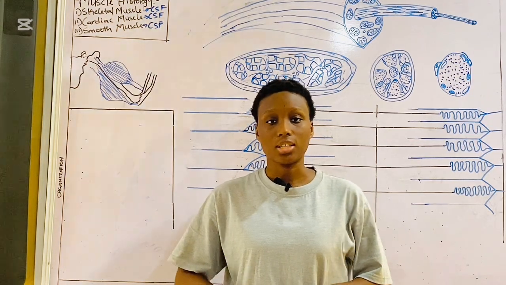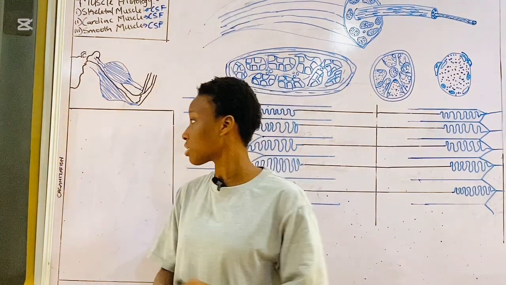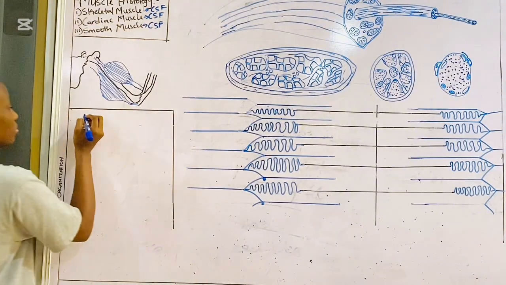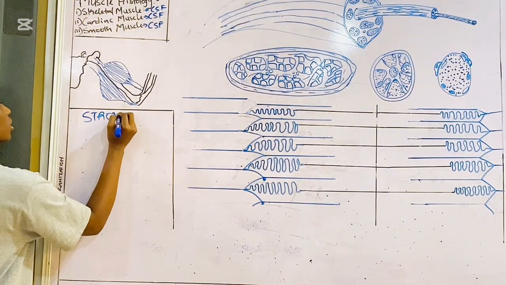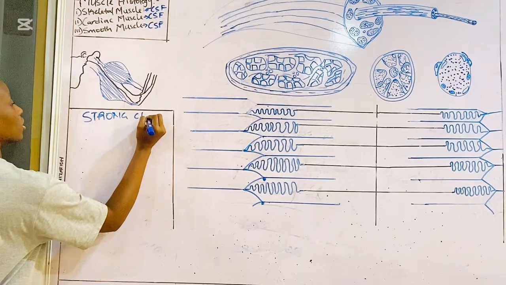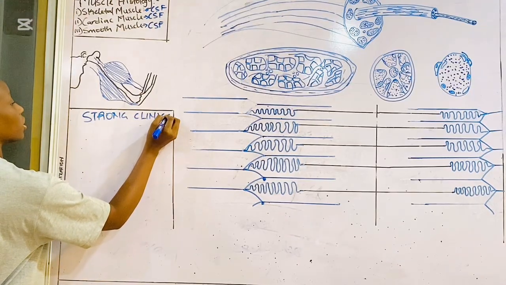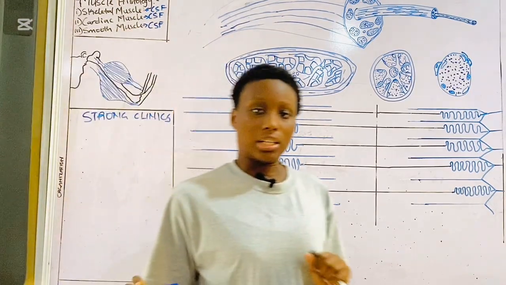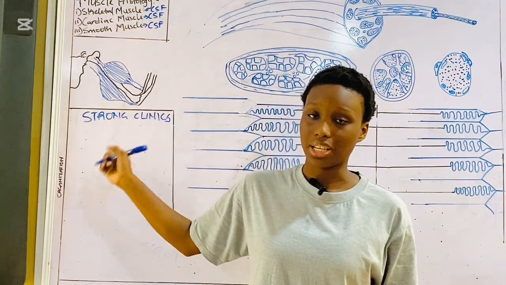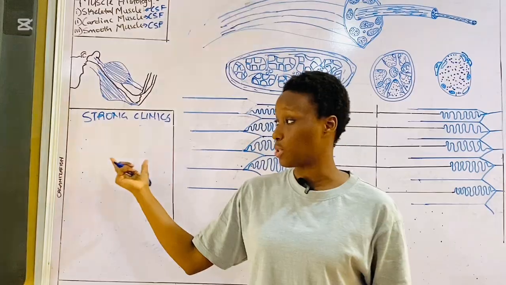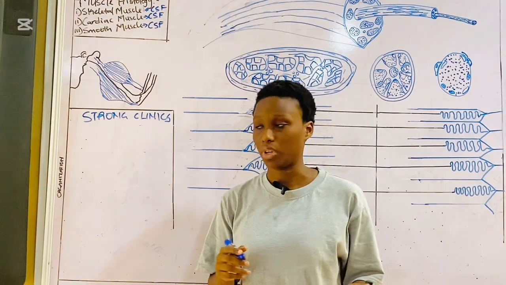The mnemonic is strong clinics. Don't be alarmed, we are not going to be using all of the letters in these words, but we're going to be using some of them.